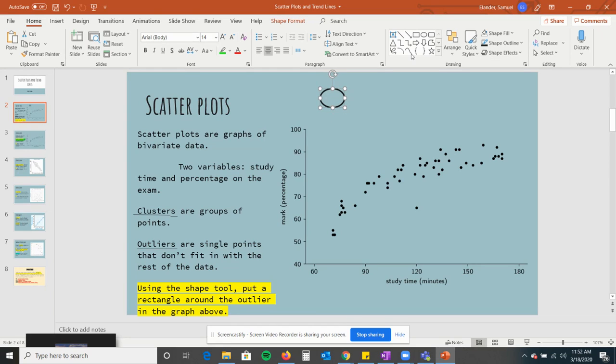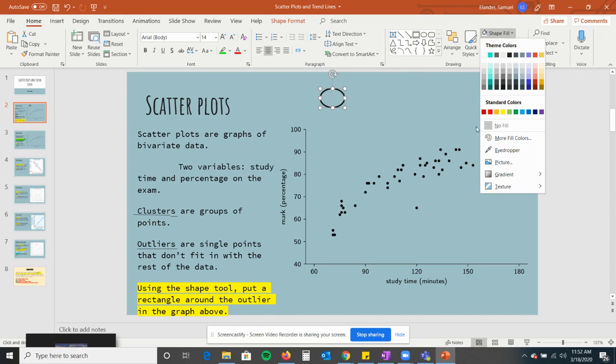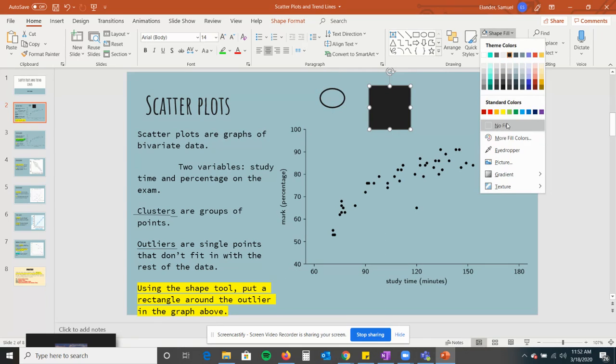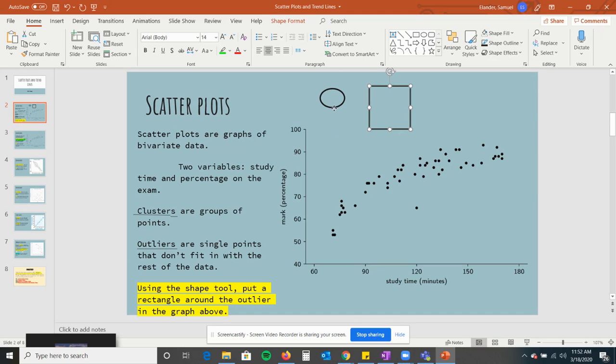It says put a rectangle or a circle, either one, around the outlier. So I'm going to say no fill and make a square, also no fill. So go ahead, pause the video. I want you to draw a rectangle and drag it to where you think the outlier is.